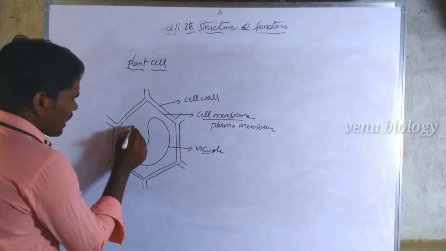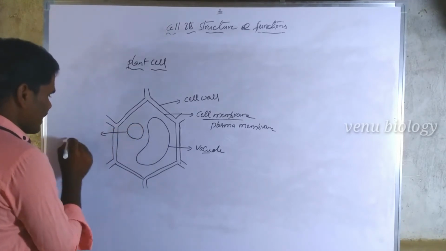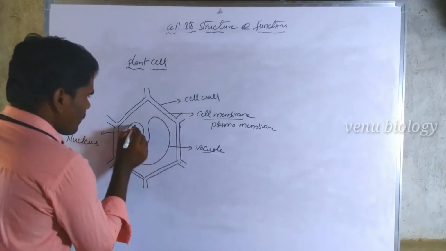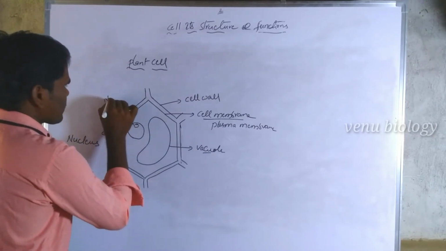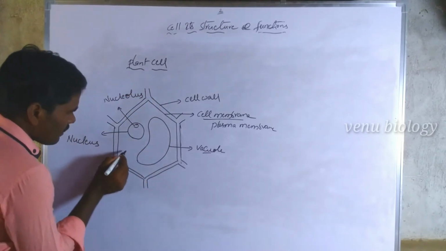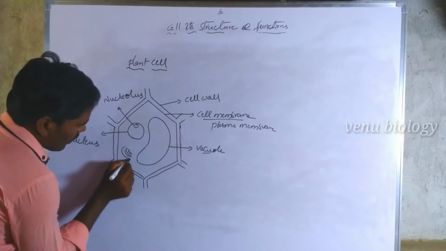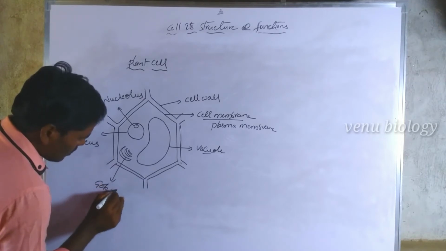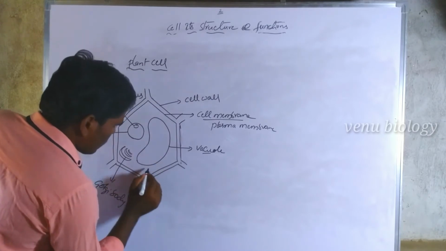Here they have the dark body called the nucleus, the brain of the cell. They have another dark body in the center, this is the nucleolus. Next, these are the Golgi bodies.